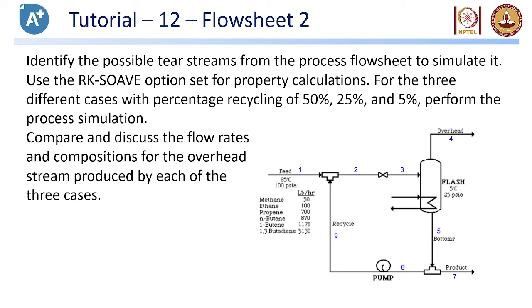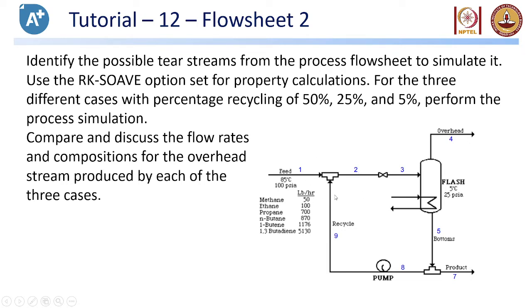Yes. So here we have a simple process. We have a feed which is a mixture of the components given over here. Then there's a valve and a phase separator whose operating conditions are given here. The bottom product of the phase separator is split; a part of it is taken as a product and a part is pumped back and mixed with the feed.